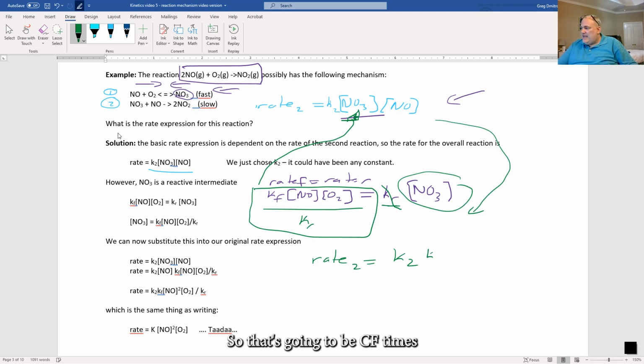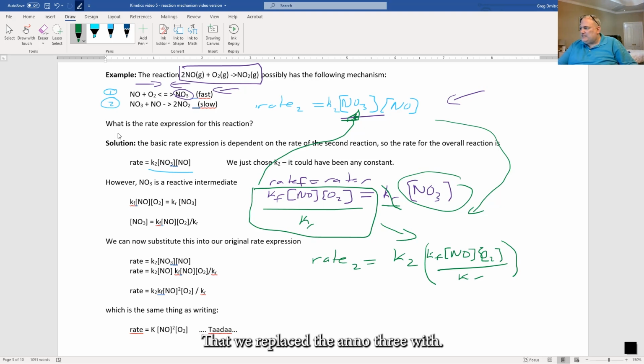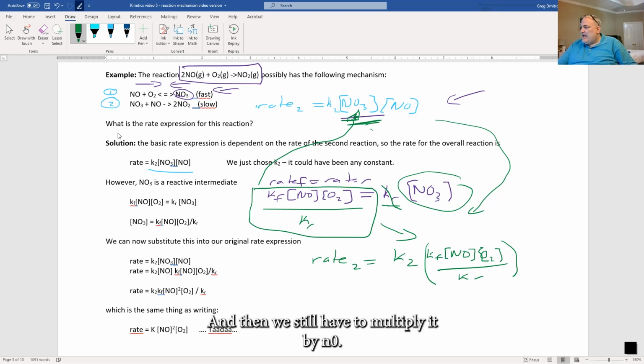So that's going to be KF times NO times O2, all over KR. That whole expression is what we replaced the NO3 with. And then we still have to multiply it by NO.